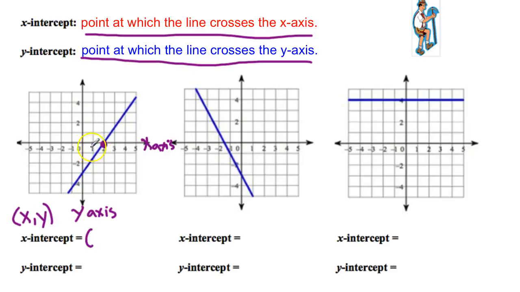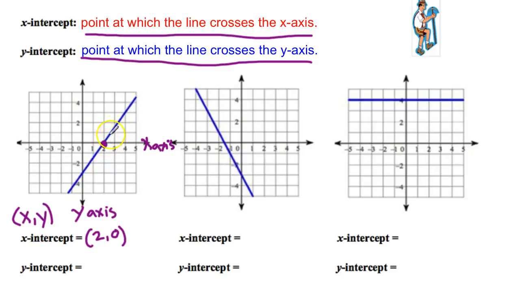So in this situation, the x value is 2. We started at the origin and went 2 to the right. And the y value is 0, because I do not go up and I do not go down. So the x-intercept is (2, 0).